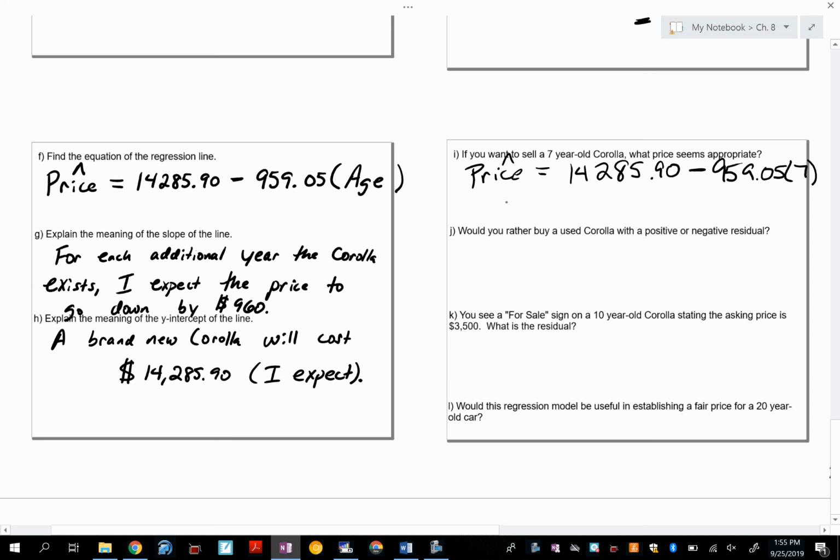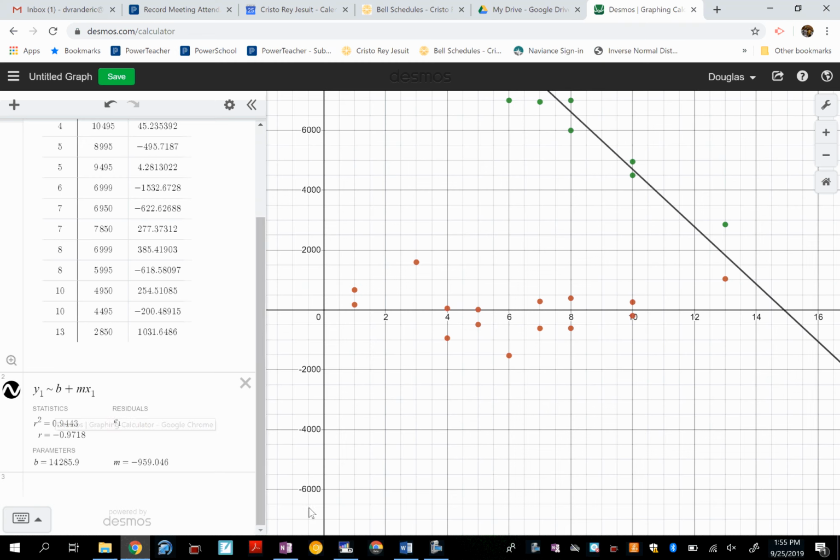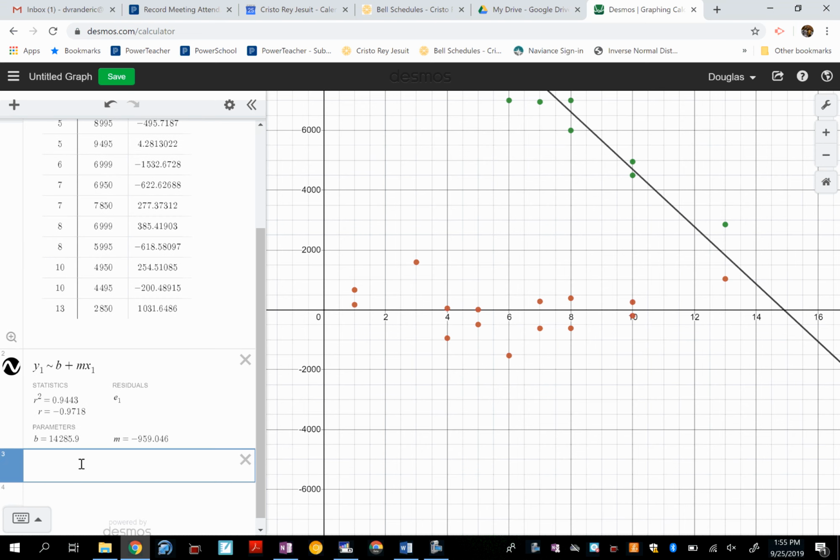And whatever that is, the predicted price. Okay, so I'm going to go to my computer, which has my calculator on it, and type that in. I'm sure there's a way to do this quicker.